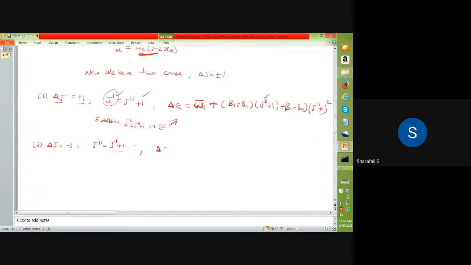So this will give you delta epsilon equal to omega 0 bar, very small change will be there, minus omega 0 bar minus b1 plus b0 into j' plus 1, again plus b1 minus b0 into j' plus 1.